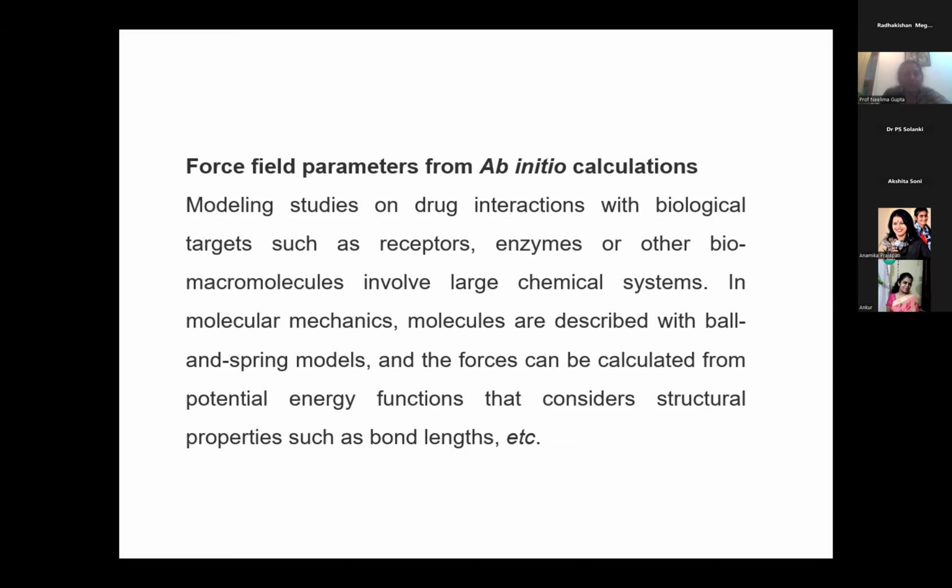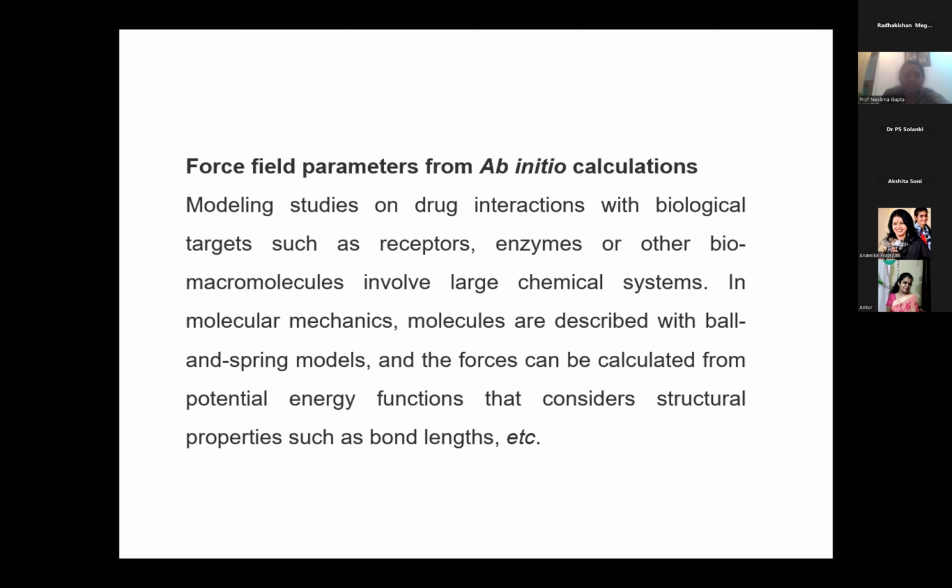The force field parameters from ab initio calculations are normally used in the modeling studies on drug interaction with biological targets. The targets are normally, as I said previously, receptors, enzymes, or other biomacromolecules. They involve large chemical systems.